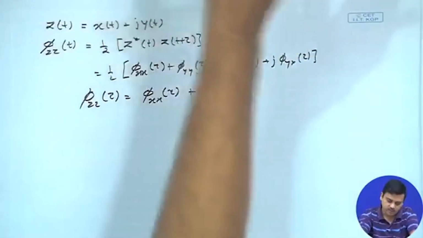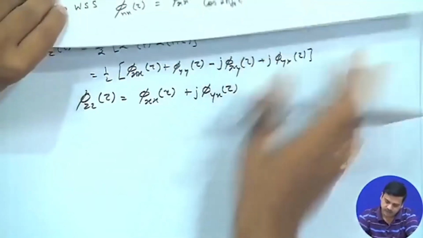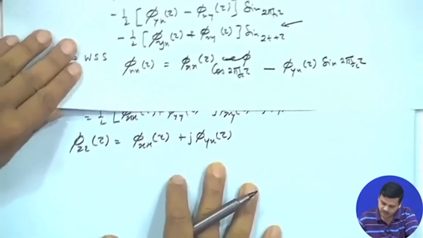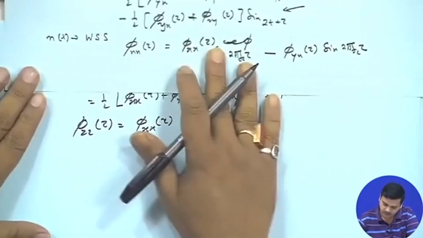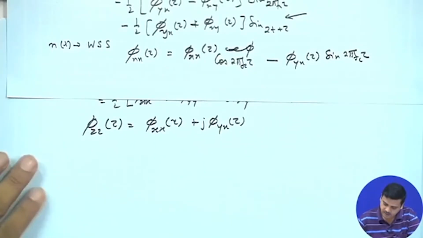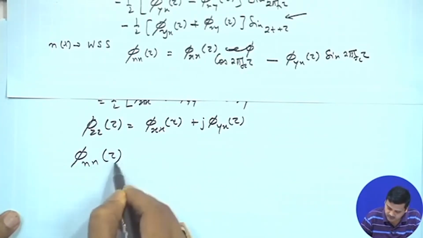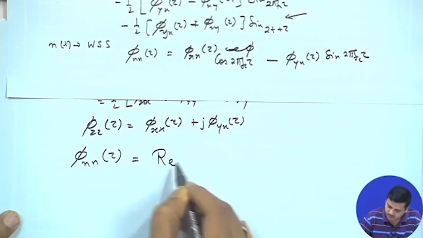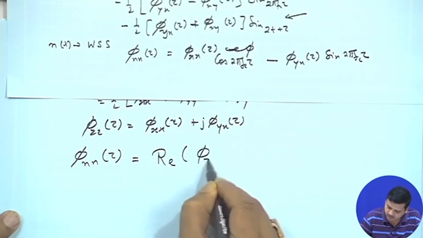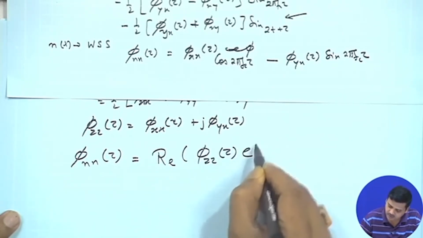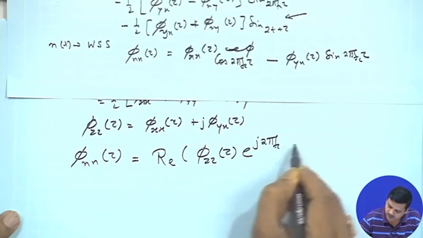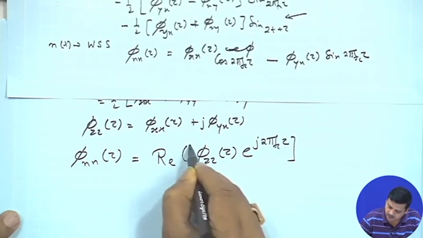Given this relationship, let us look at the last relationship that we derived. Then you could say that phi nn of tau is equal to the real part of phi zz of tau times e to the power of j 2 pi f c tau.